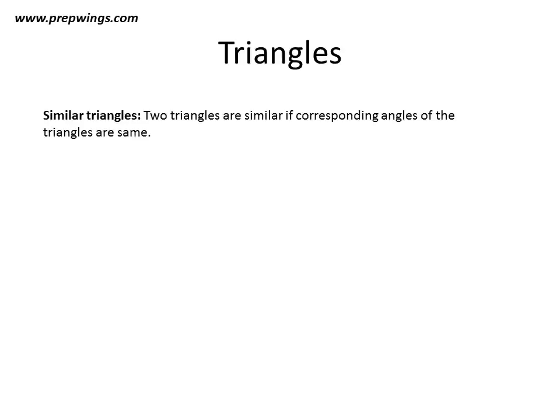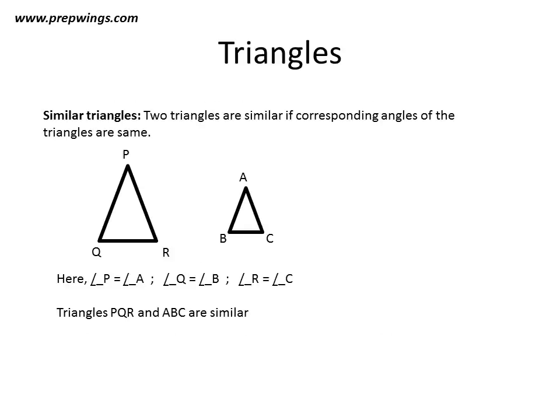Now we'll look at similar triangles. Two triangles are similar if the corresponding angles of a triangle are same. What it means is PQR is a triangle shown over here, and a smaller shaped ABC triangle is shown. But angle P is equal to angle A, angle Q equal to angle B, and angle R equal to angle C. Thus, I can say PQR is similar to triangle ABC.